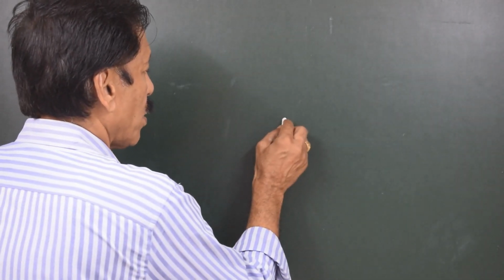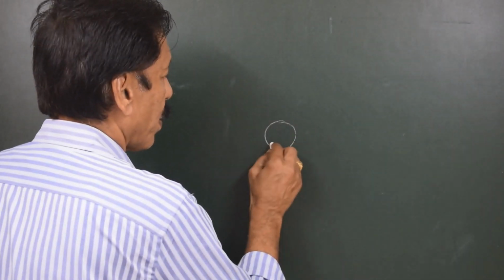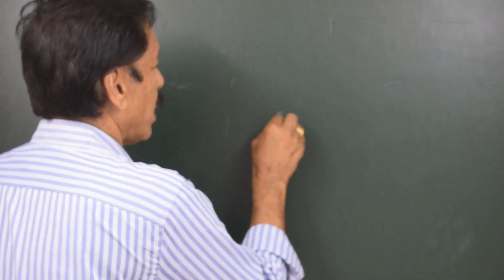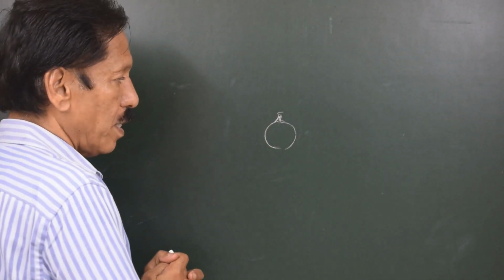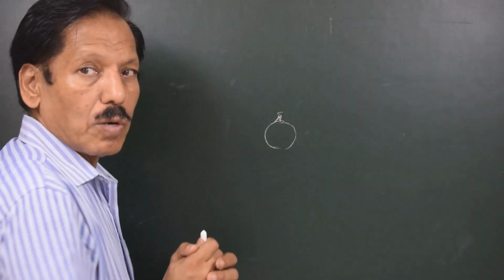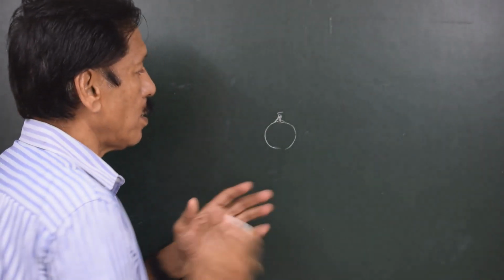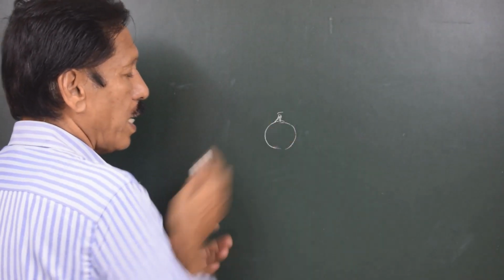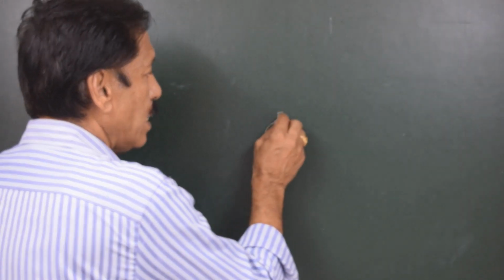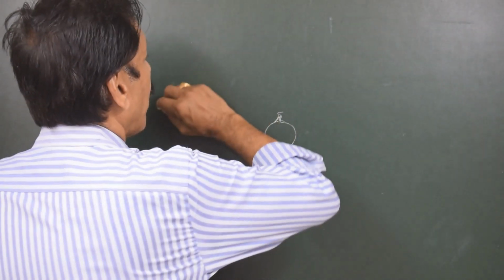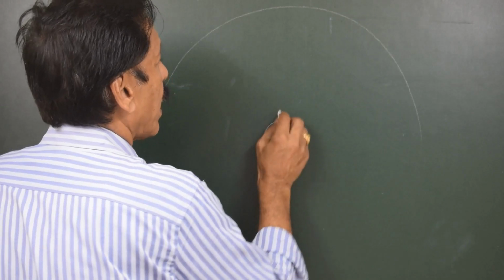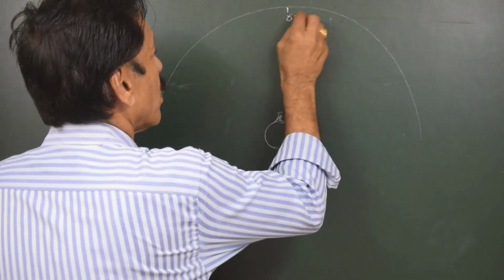If I draw the picture of the Earth, and I draw the observer in such a way that he appears in the highest part of the Earth, the observer is not on top of the pole. I have taken a picture in such a way that he appears in the highest part. So if he is in the highest part, and if I say this is the celestial sphere, can I say that this point is observer's zenith?